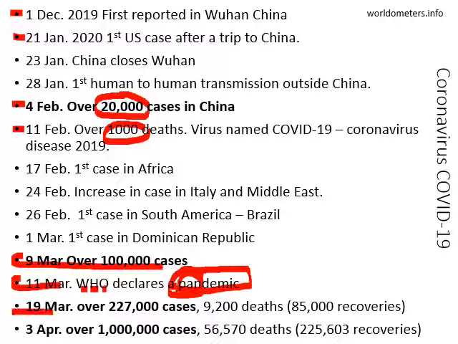March 19th, a week or two before classes ended, there were 227,000 cases and 9,000 deaths. By April 3rd, over 1 million cases and 56,000 deaths.